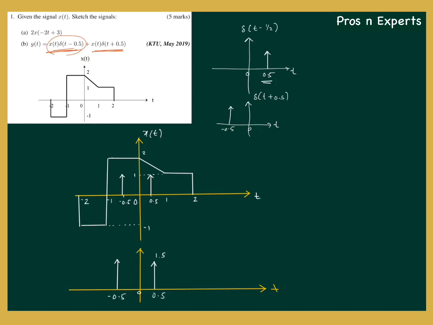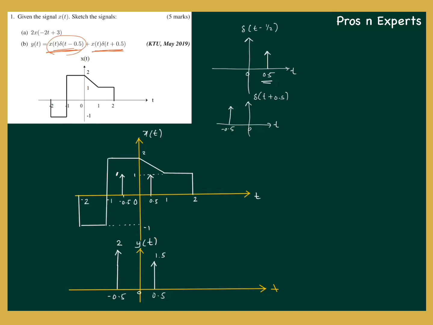And what will be the strength of the signal? The strength will be 1 for the impulse amplitude, and 2 for x of t at minus 0.5. So 2 into 1 is 2. So the strength of the signal will be slightly higher here. This is the final answer y of t to be obtained.